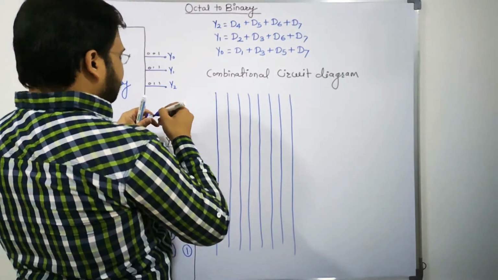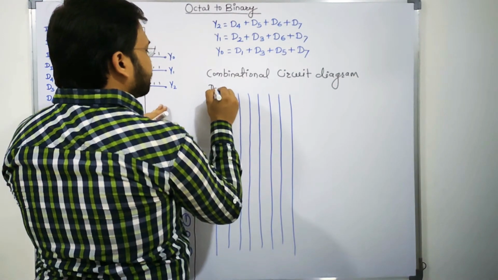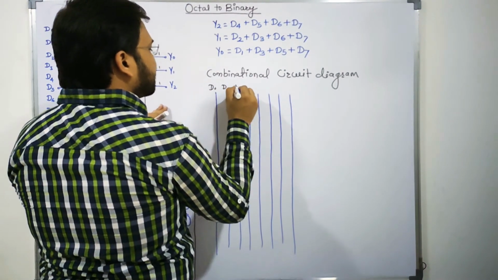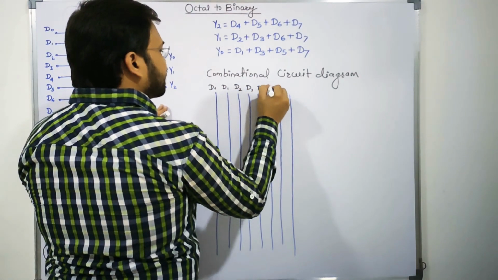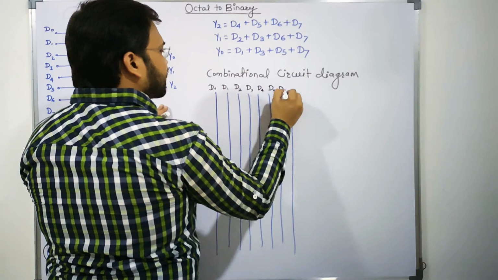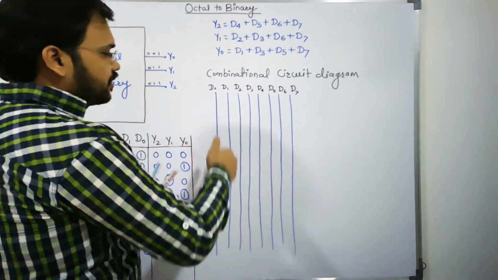So we have to just write down the terms we are having, that started with D0, D1, D2, D3, D4, D5, D6 and D7. Now we are having this input line.